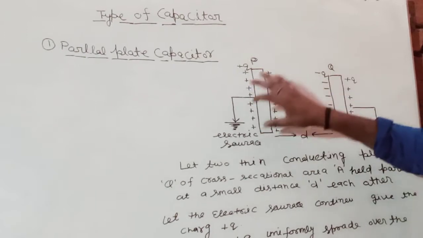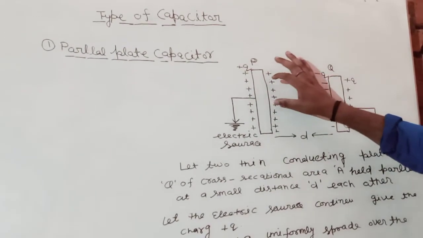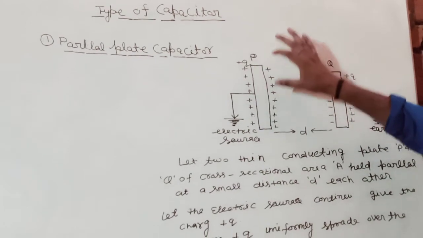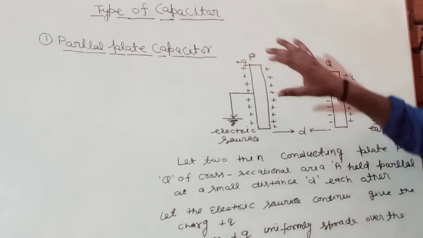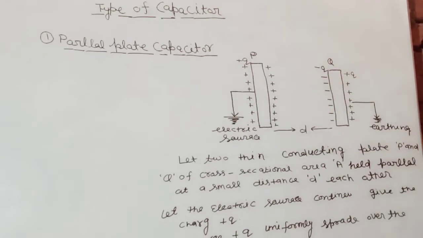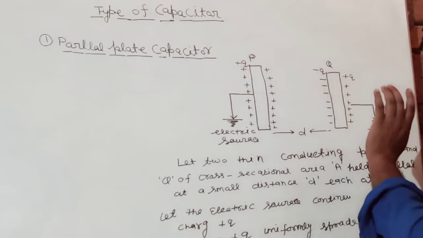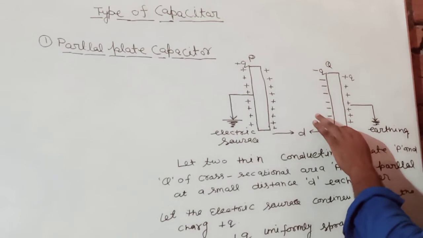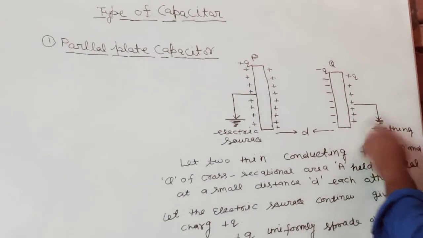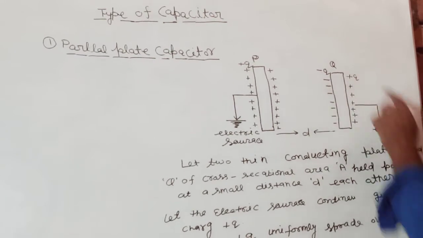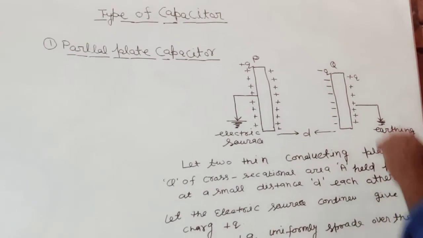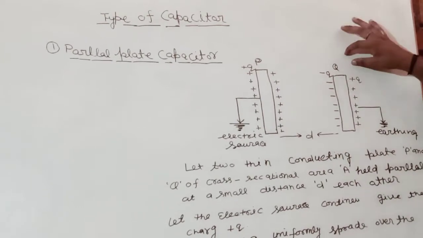When the electric source gives the plus Q charge to the insulating plate P, the charge spreads uniformly throughout the surface of plate P, and due to electric induction, an equal negative charge appears on the inner surface of plate Q and an equal positive charge appears on the outer surface of plate Q. The outer surface of plate Q is connected with the earth, so electrons flow from the earth and neutralize the outer face of plate Q.